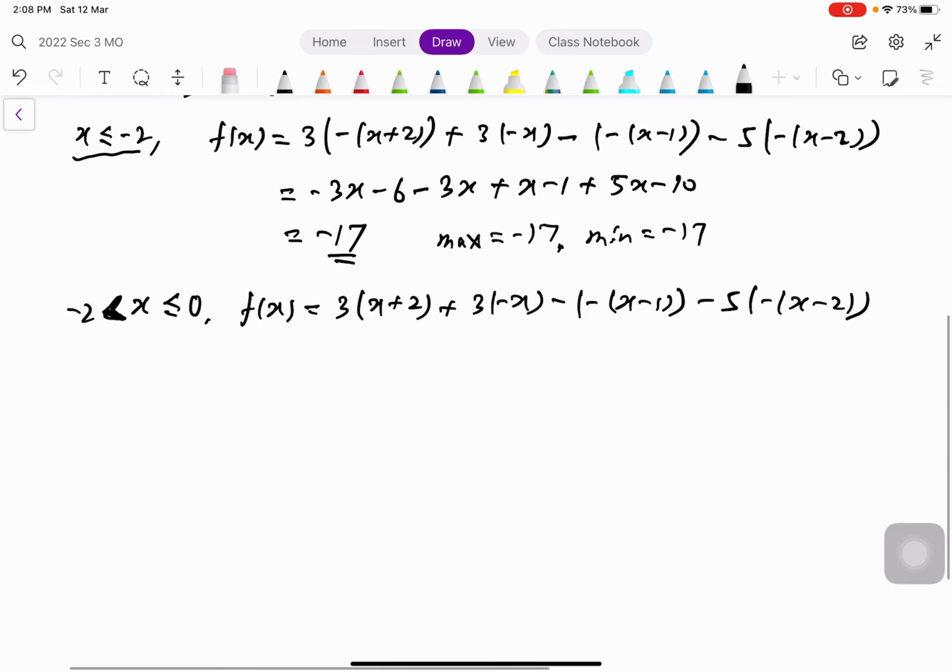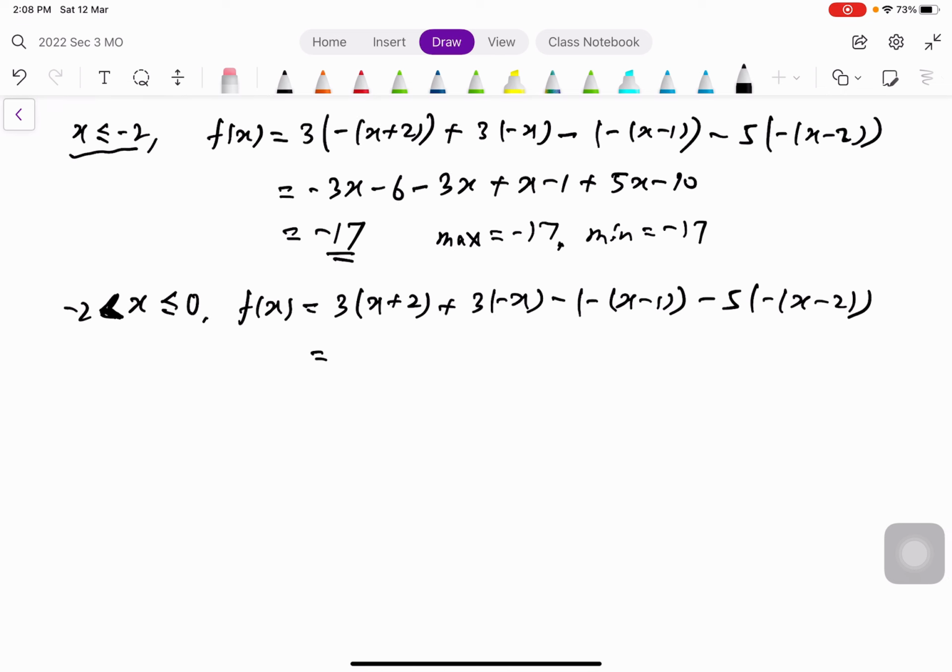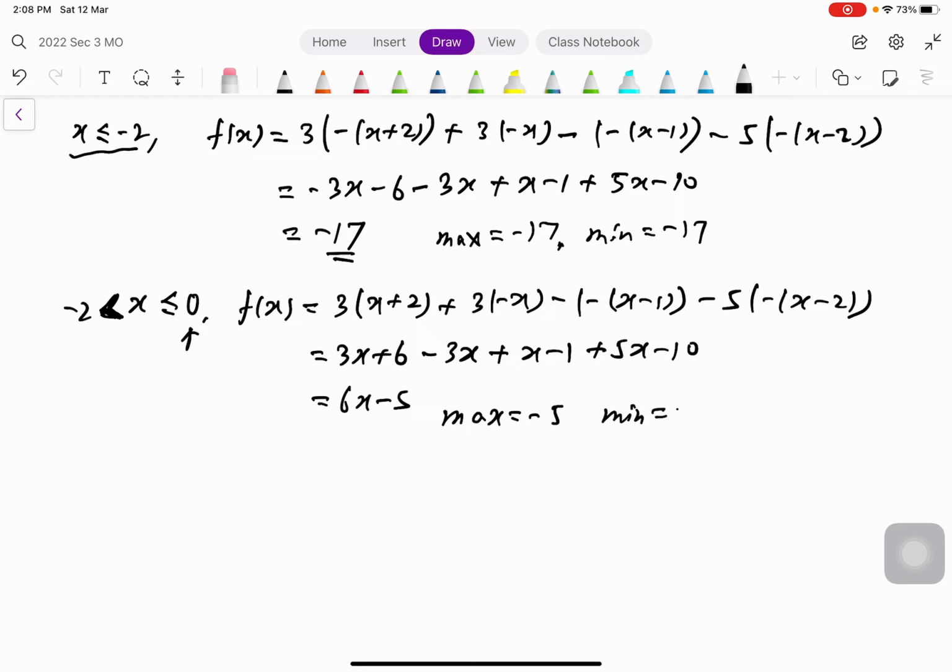This part you can solve for yourself. Basically, this will be 3x plus 6, and then minus 3x, and then plus x minus 1, and then plus 5x minus 10. Therefore, the answer is 6x minus 5. What is the maximum? The maximum occurs when x is equal to 0. In this case, you get minus 5, and the minimum is actually minus 17.